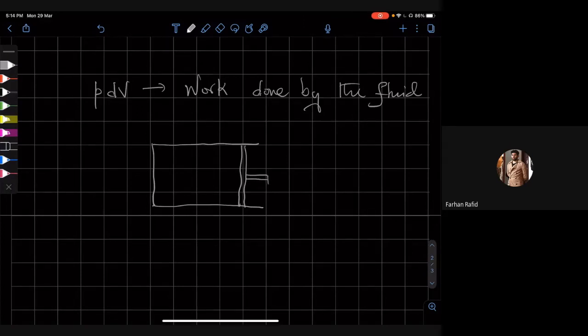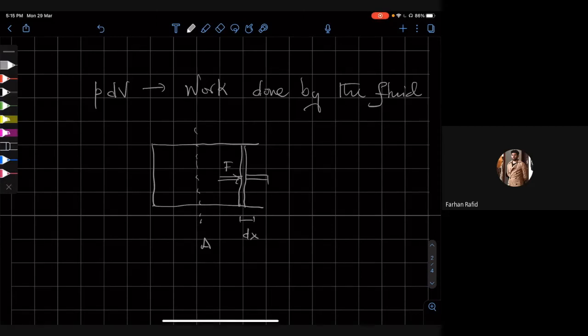Then suppose the cross section of the box is A, and the force that the fluid is putting on the piston is F, and suppose that it moves the piston a distance of dx.